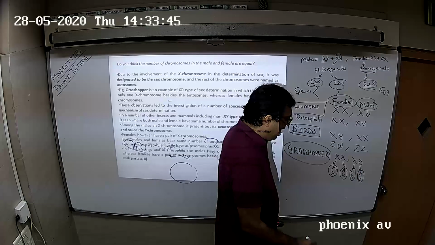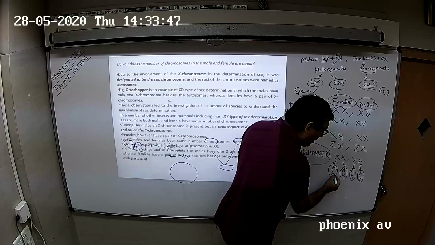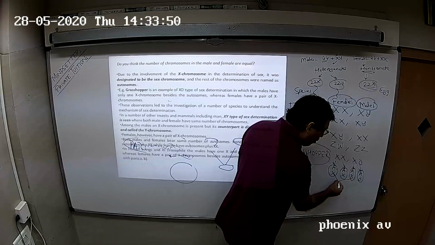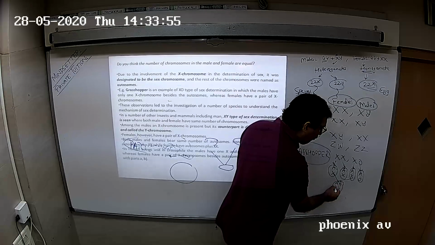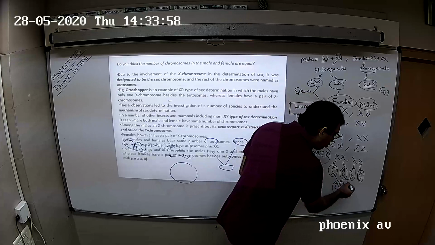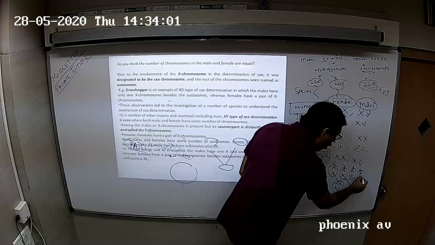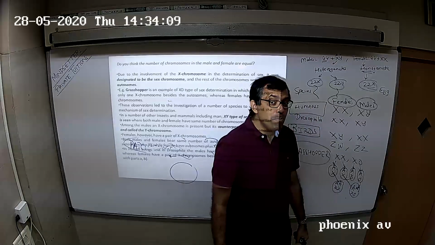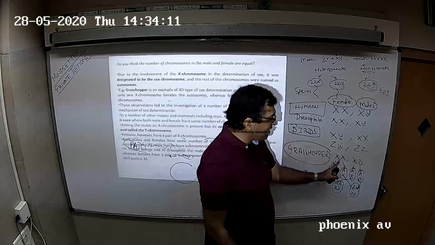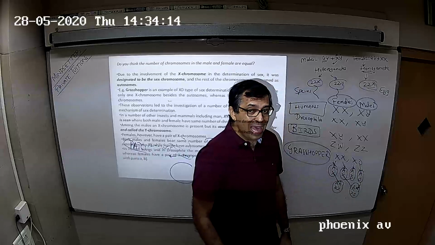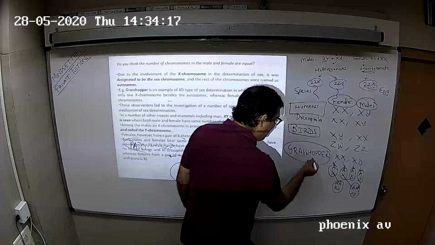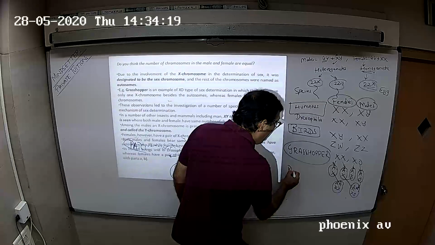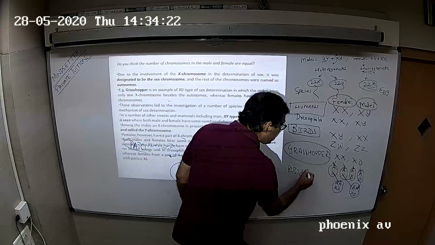And when autosome plus X chromosome fuses with autosome plus X chromosome, it will form AAXX, which will form a female, and autosome with X chromosome and autosome with no sex chromosome forms AAXO, it will form a male. तो grasshoppers में कौन सा पैटर्न है? XX-XO.